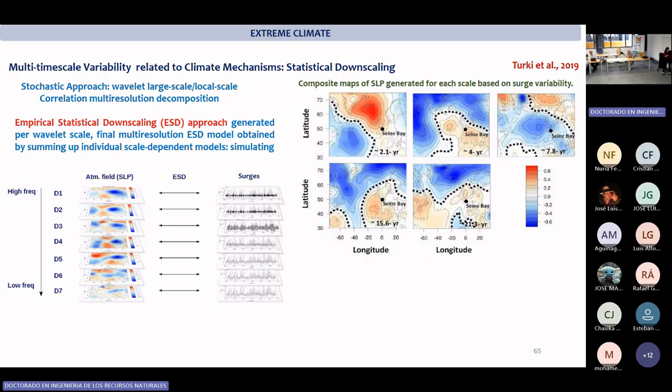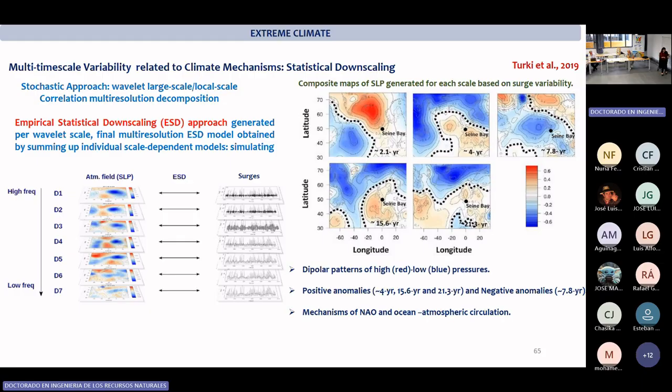So we have different scales and different distributions of colors, because the connections between the variability of the local signal and the atmospheric circulation are different. So what's happening? I can use these connections to develop models for estimating the variability of my local variables.